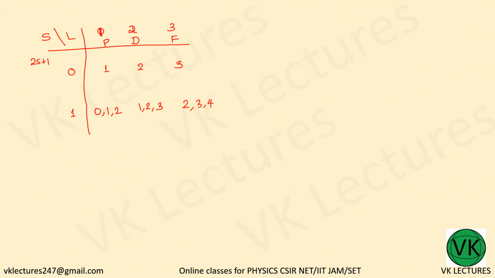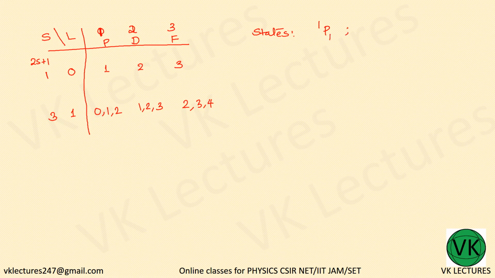Okay. Now what are the states? The states are, first one P, here you need to write 2S plus 1, right? Here 2S plus 1 value is 1, and here it is 3. So I am writing the first one here, P, that is 1, so 1P. Now you need L S, L S is here 1.